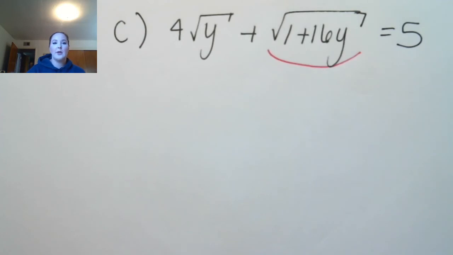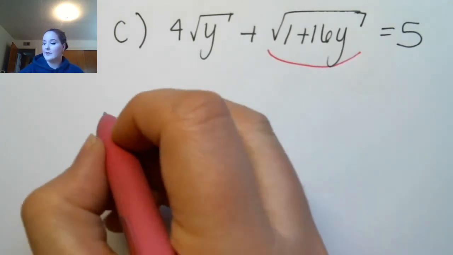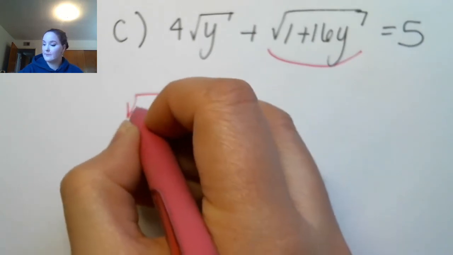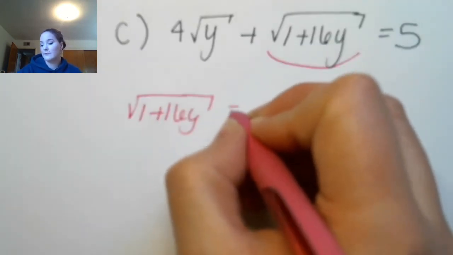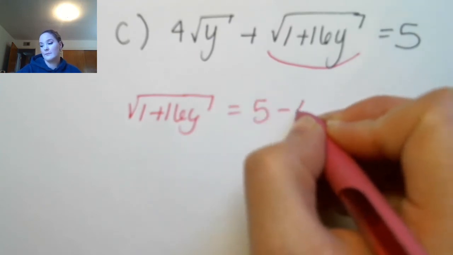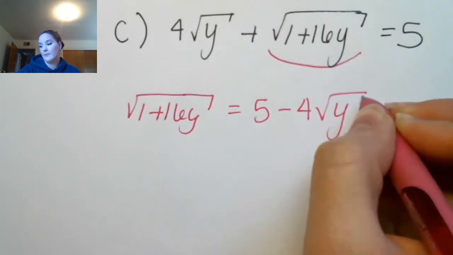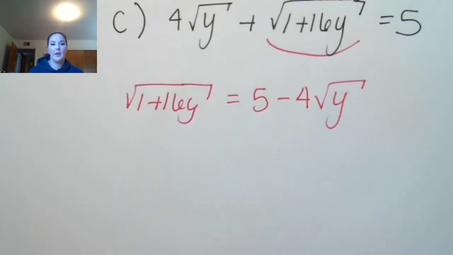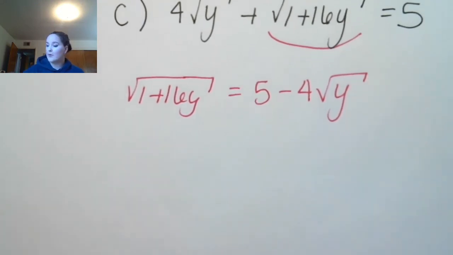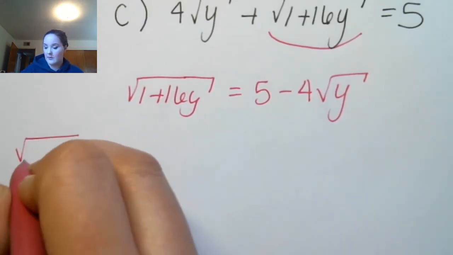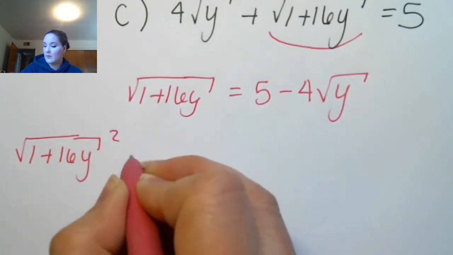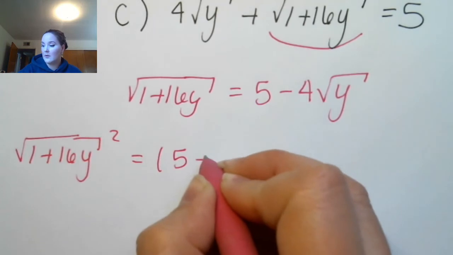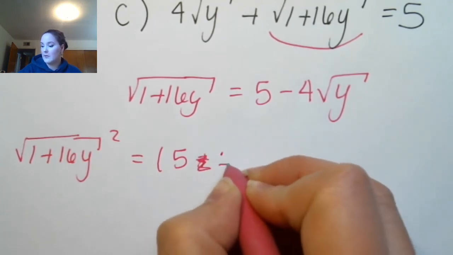Okay, so I'm going to go ahead and subtract 4 root y from both sides. Okay. Now I'm going to square both sides. Oops, that's a minus.